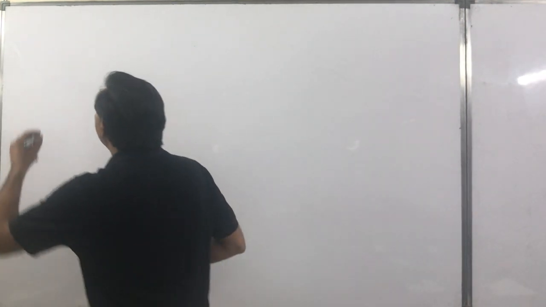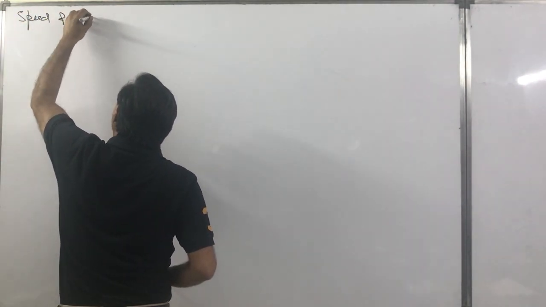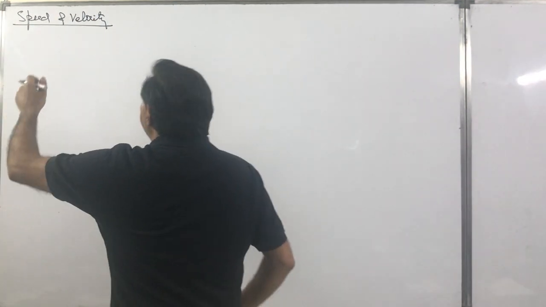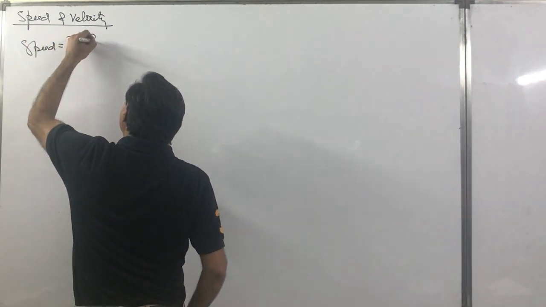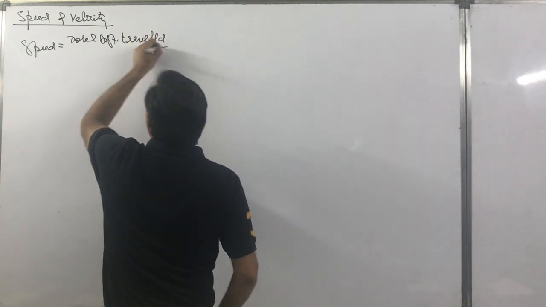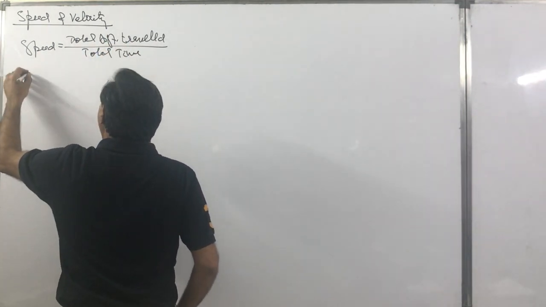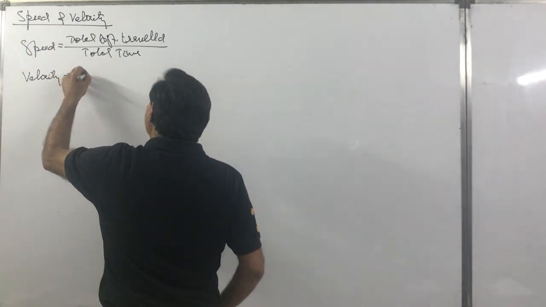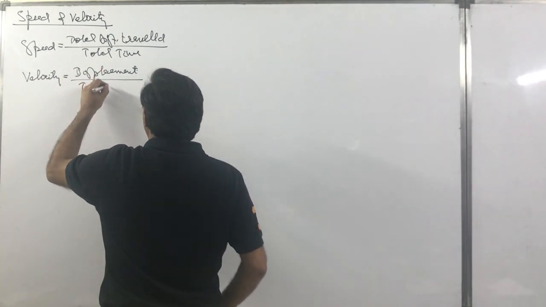Let's move further to speed and velocity. Speed, let's keep it very simple, will be total distance traveled over total time. And velocity is displacement upon time.